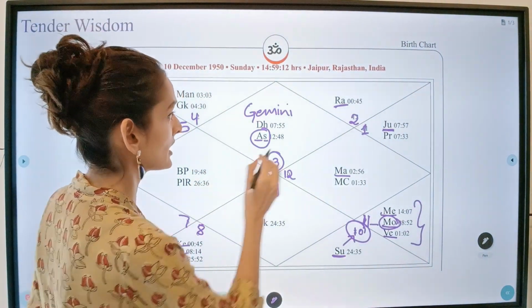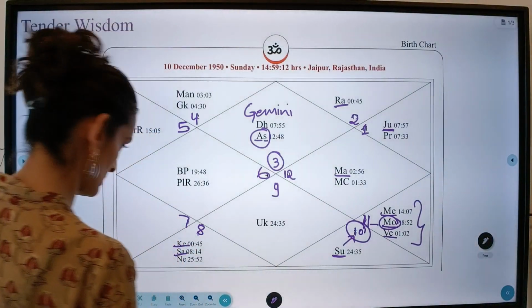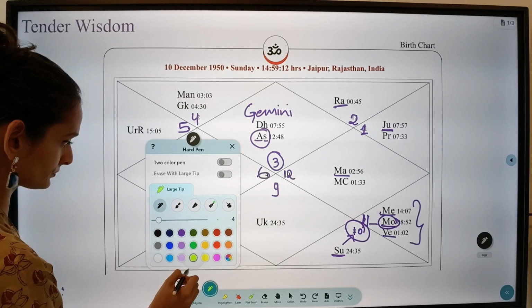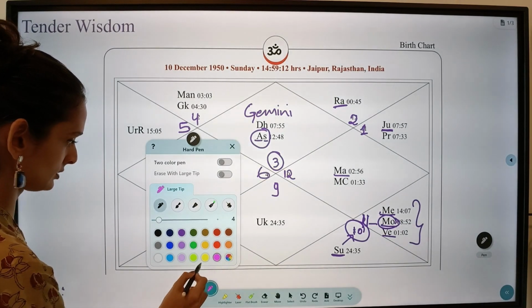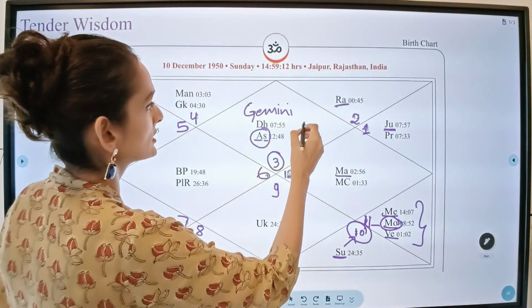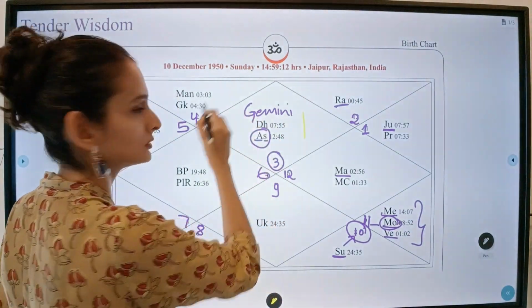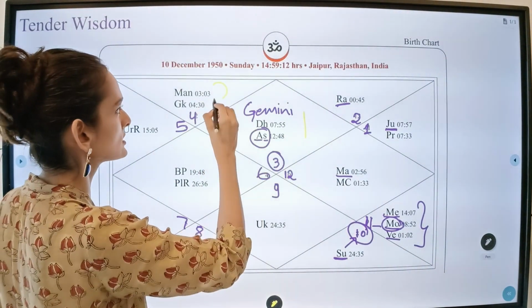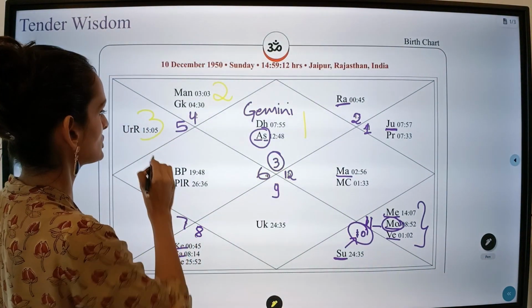Now remember the houses. Okay, so let me change the color for this. Are you able to see it, or is it too light? This is house number 1. This is house number 2. This is 3.